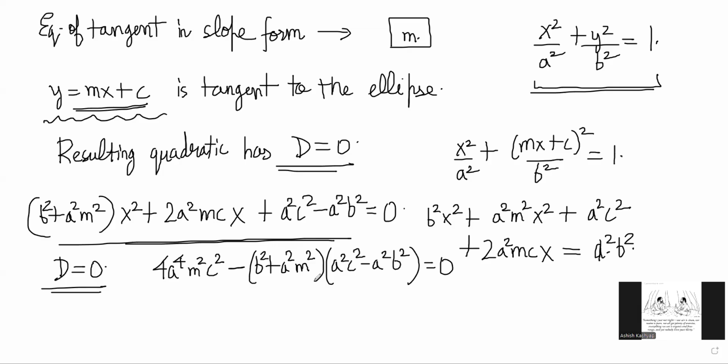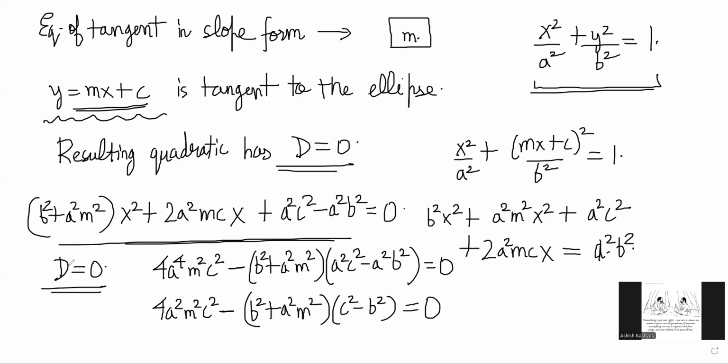So we will be able to cancel one a square. So you'll get 4a square m square c square minus (b square plus a square m square) multiplied by (c square minus b square) is equal to 0.